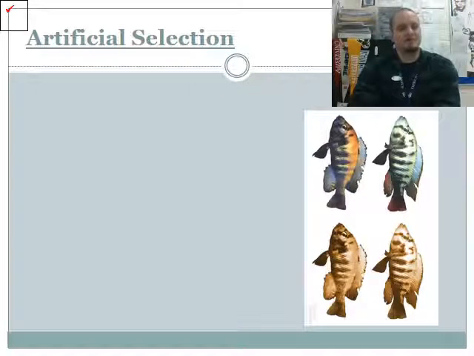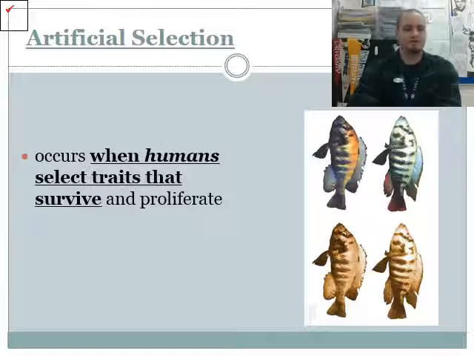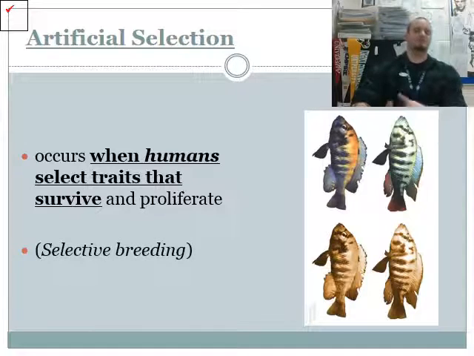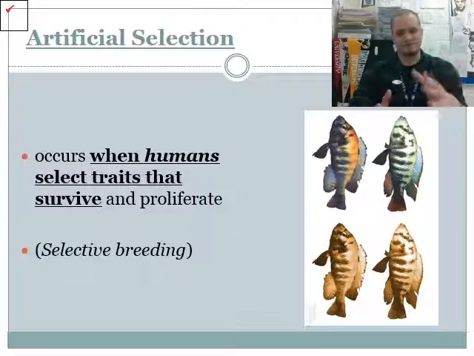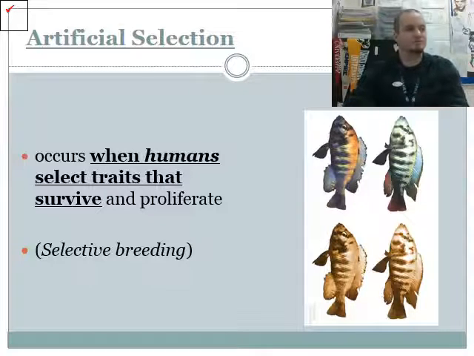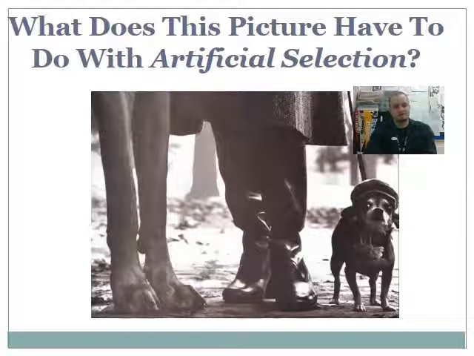So the final thing we want to talk about today is artificial selection. This occurs when humans select traits that survive and proliferate, or selective breeding. Humans breed the organisms for a specific trait. This could be, in cattle, more muscle mass, larger horns, or specifically the most popular version of this has to do with this picture.